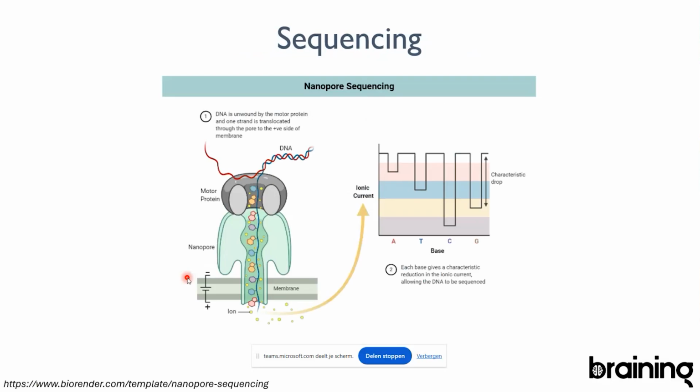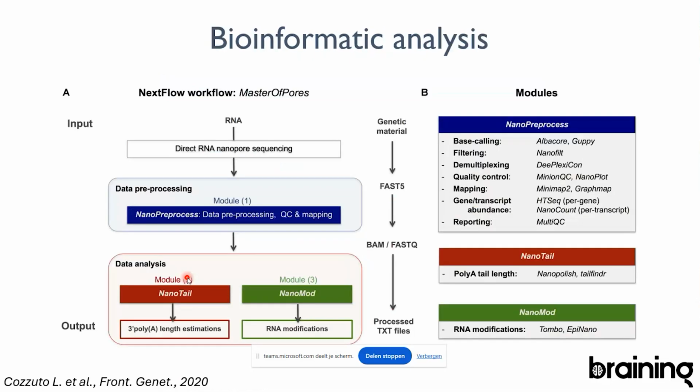Then next step is the sequencing. You put everything in the machine and you let it do its work. And then lastly, you have the bioinformatic analysis. I'm not going to go into details here because that's a whole topic by itself. But know very well that you have to know the limits of your bioinformatic analysis.